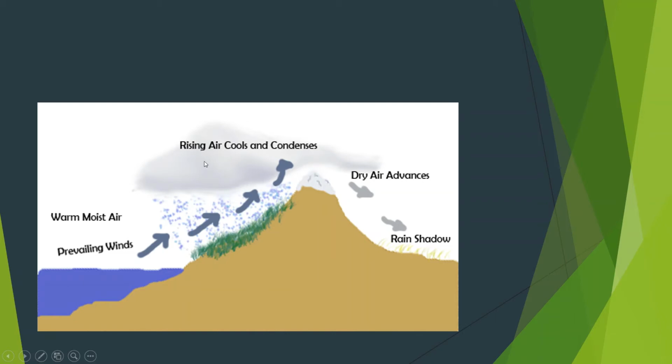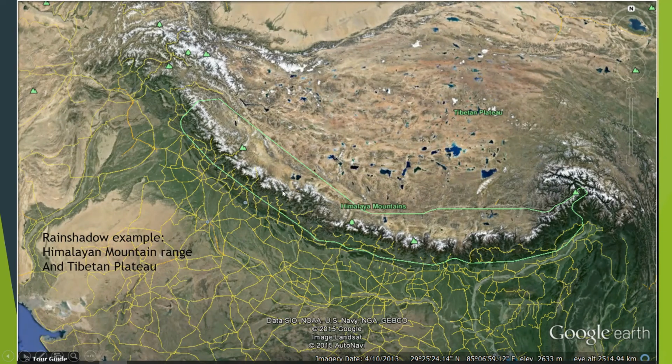Therefore, rain is induced in this part of the area. And then when the wind goes to the other side, it becomes dry. Therefore, the moisture is lost somewhere over here. And this is why behind large mountain ranges are arid or semi-arid environments. So this is an example of a rain shadow.